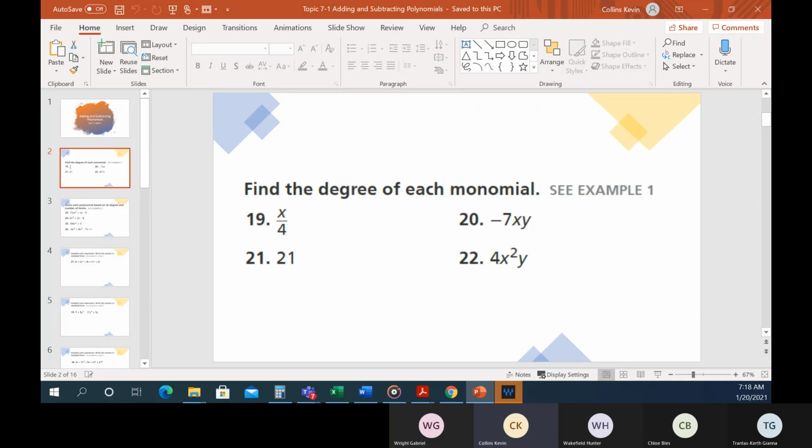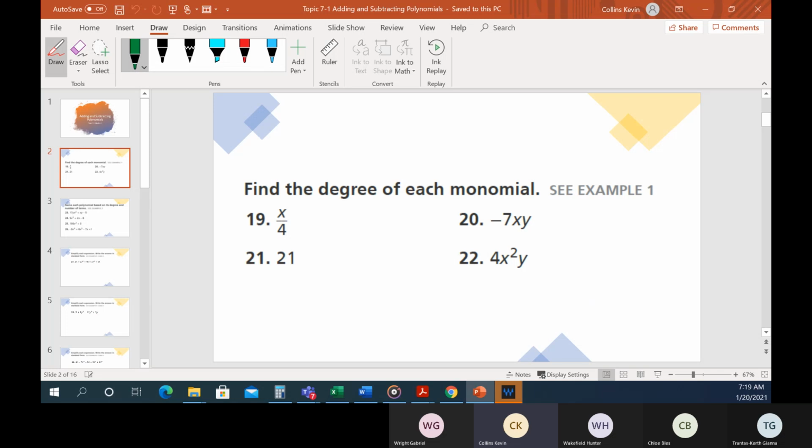So then for 19, we have x over 4. So it's x to the first over 4. So what's our degree on that one? What's the biggest exponent on that guy?